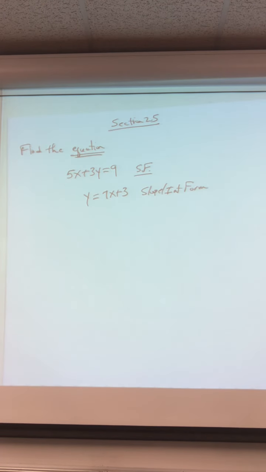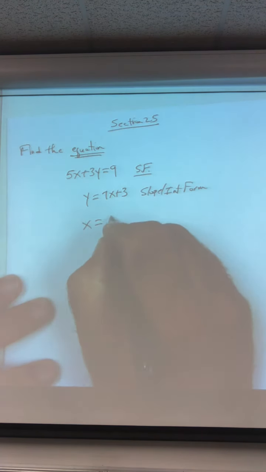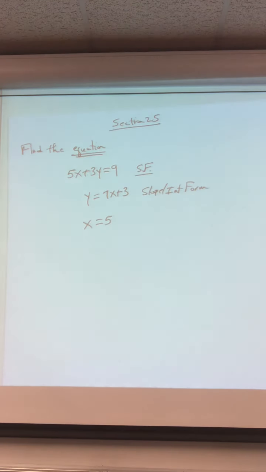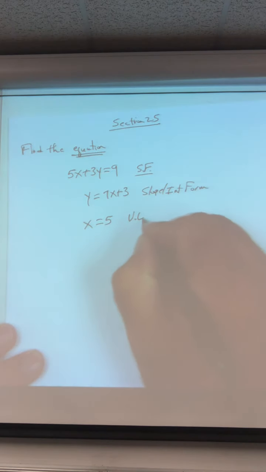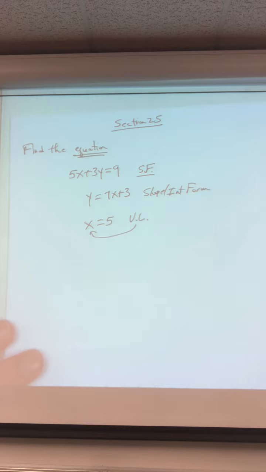Now, remember, not every line is a slanted line. For instance, if the line we're looking for is vertical, the answer will look something like, I'm just going to make up a number, x = 5. Now, how do I know that this will be a vertical line? Because a vertical line has just the x in it and no y.